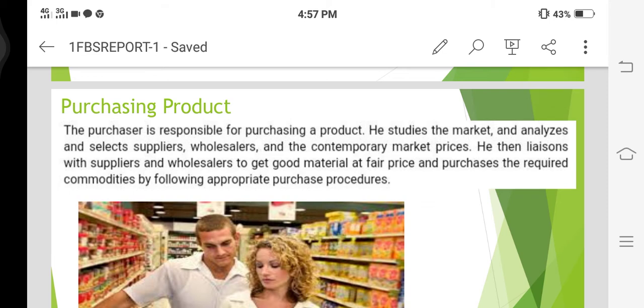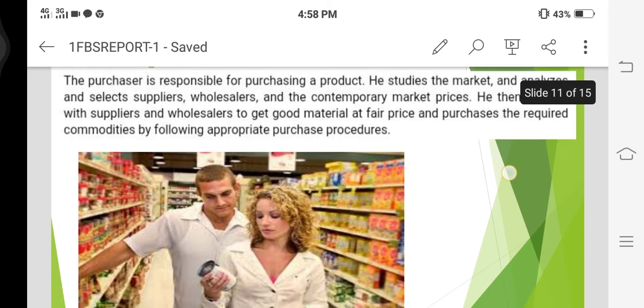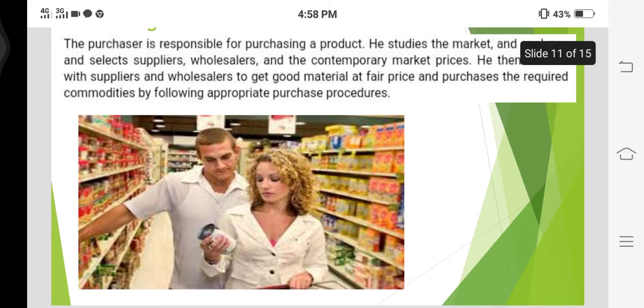He then liaises with the suppliers and wholesalers to get good material at a fair price, and purchases the required commodities by following appropriate purchase procedures.